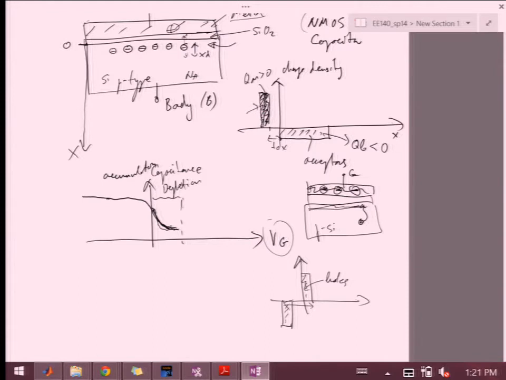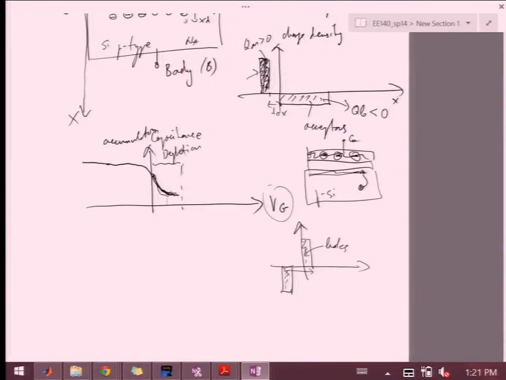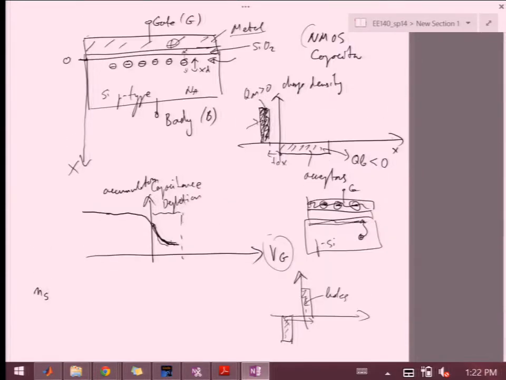Okay. But there is one phenomenon that we learned with bipolars about the base behavior, and that's the minority charge, and we'll label it as NS. The minority charge in this material, in p-type, is what? Electrons, right?